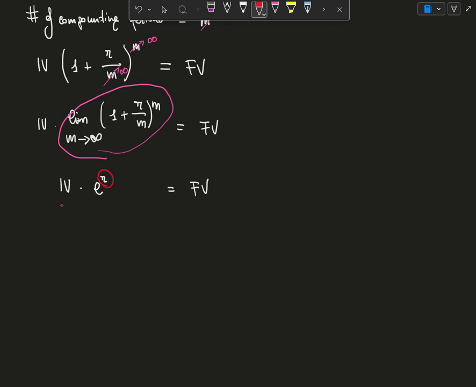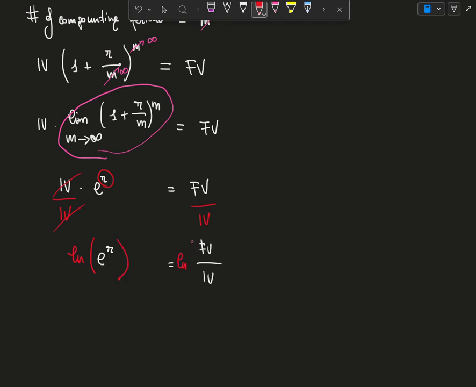Let's see how we can do that. We can certainly start by dividing both sides by the initial value and be left with e to the power of r equal to final value over initial value. And if we want to isolate r, we can take the inverse function of the exponential function.